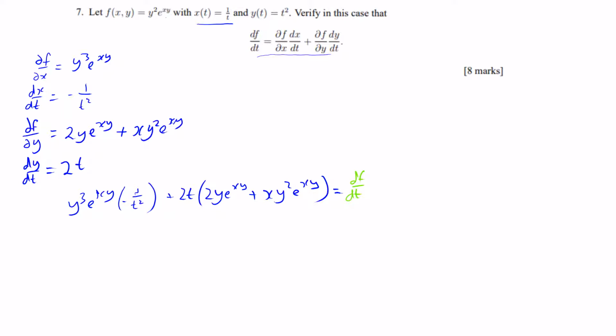Because we've only got f in terms of x and y, first of all we need to parameterize so that we've got f in terms of t. So f is equal to y squared, which is t to the 4, times by e to the xy, which is e to the t. And we can now differentiate this with respect to t.